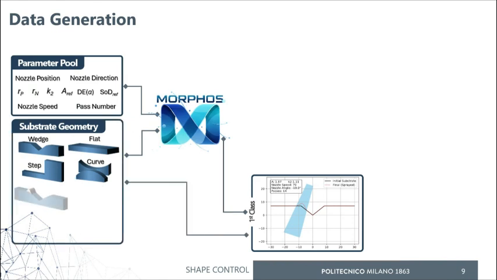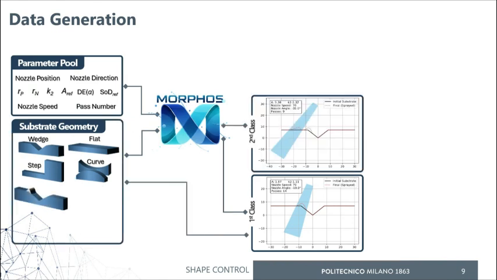If Morphos takes a fresh substrate, it creates the first class of data. If it takes a substrate from the database that has been sprayed once, it creates the second one, and so on.